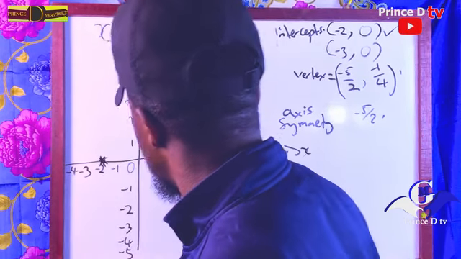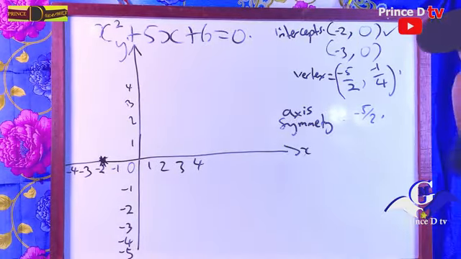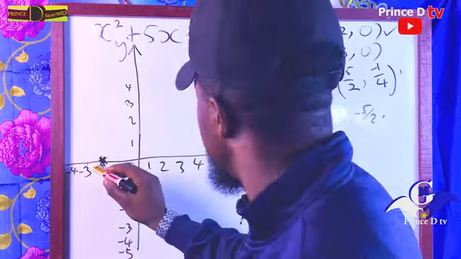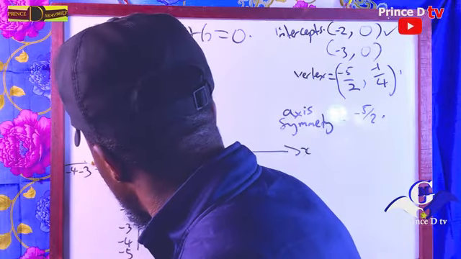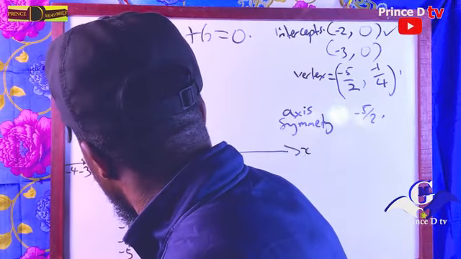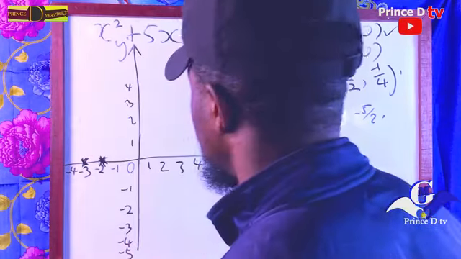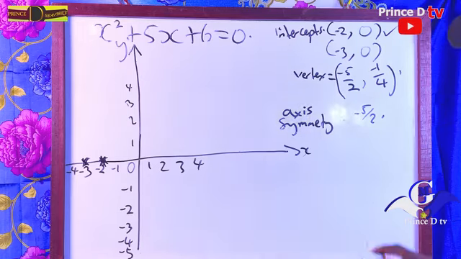So this is the first point. Next, our x is negative 3 and our y is still 0. Now, our vertex: negative 5 over 2 is for the x.